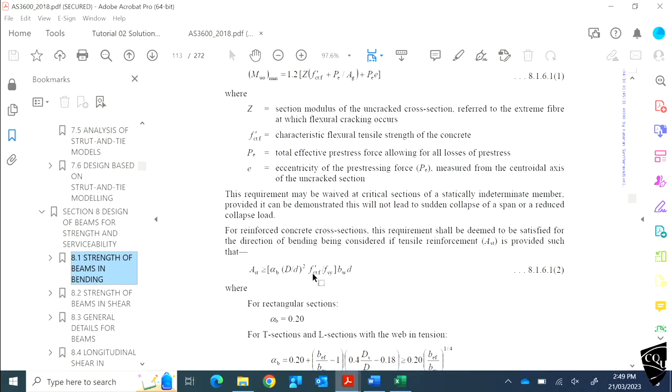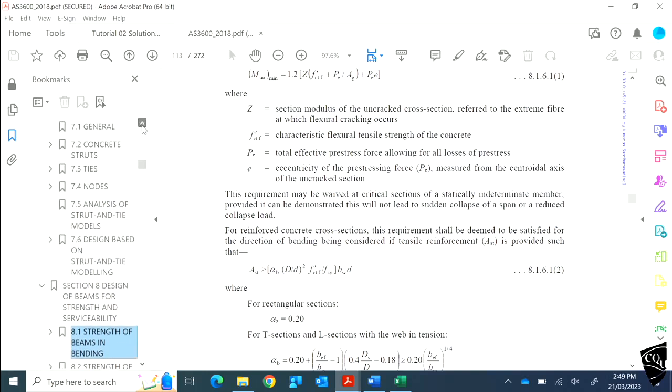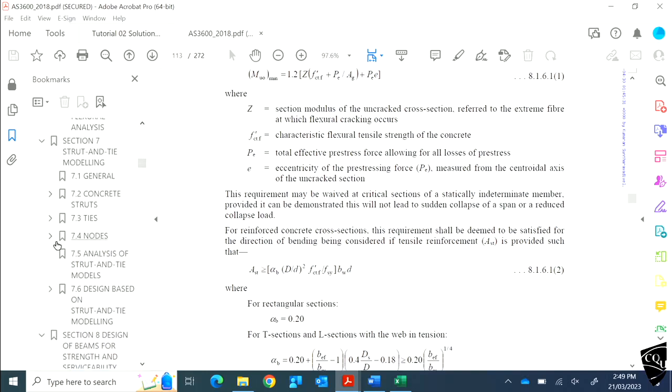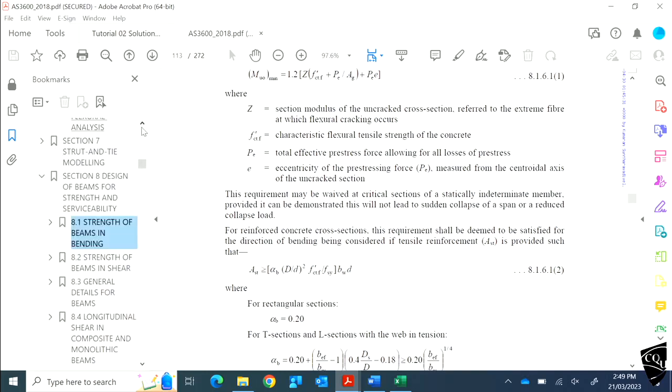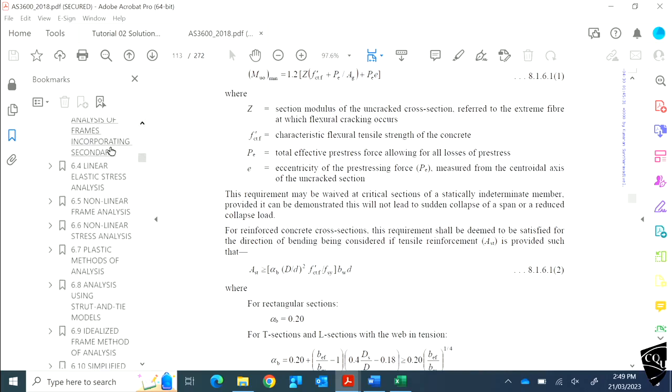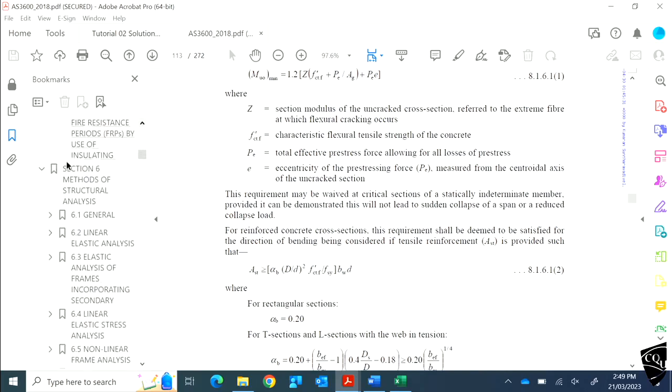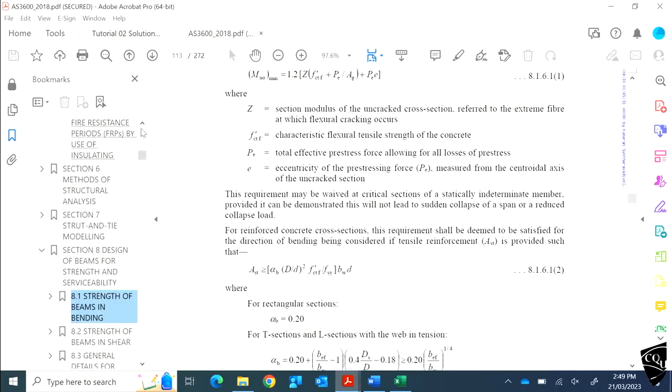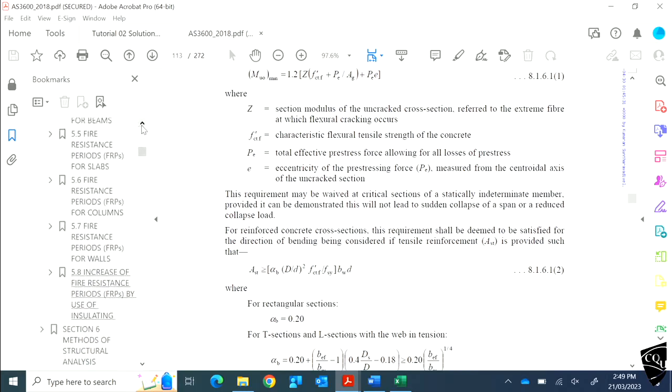If you are not sure about the material properties, you need to go to section 3. Section 3.1 will tell you the properties of concrete.